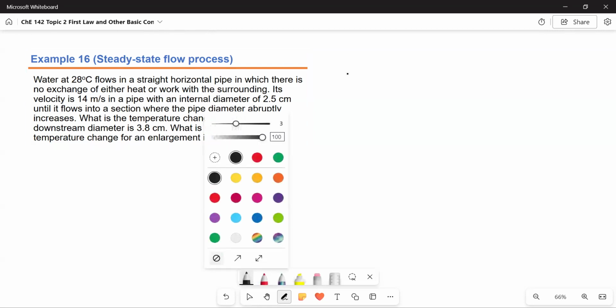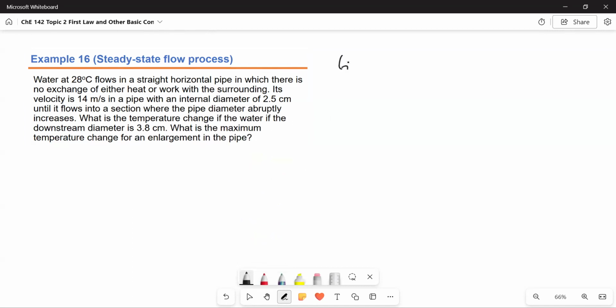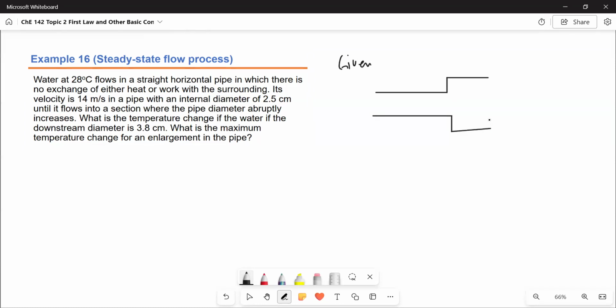So let's draw the given. There's a pipe, and then suddenly there's an abrupt increase in the diameter.